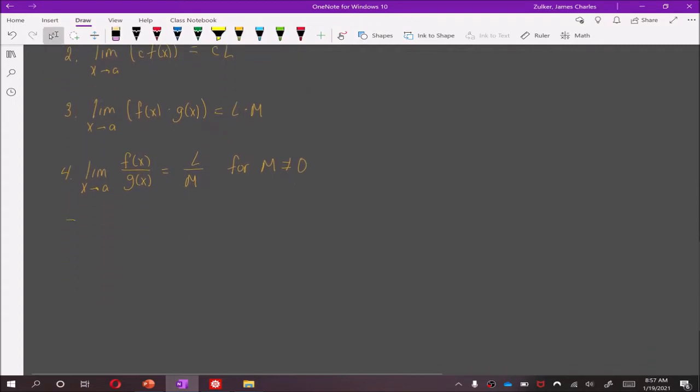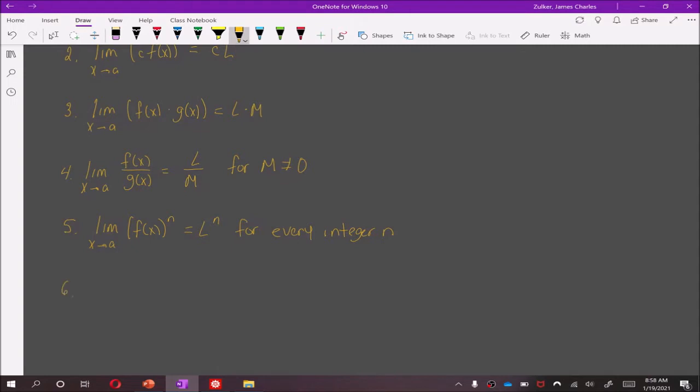Fifth, the limit as x approaches a of f of x raised to the nth power is equal to L to the n for every integer n. This says if you take the limit of a function raised to an integer power, the result is just the limit of that function raised to that integer power.